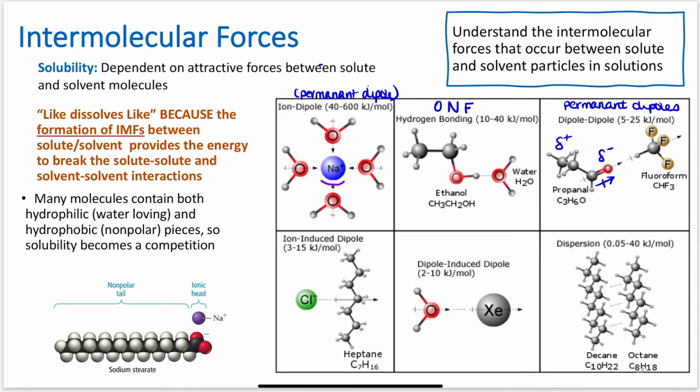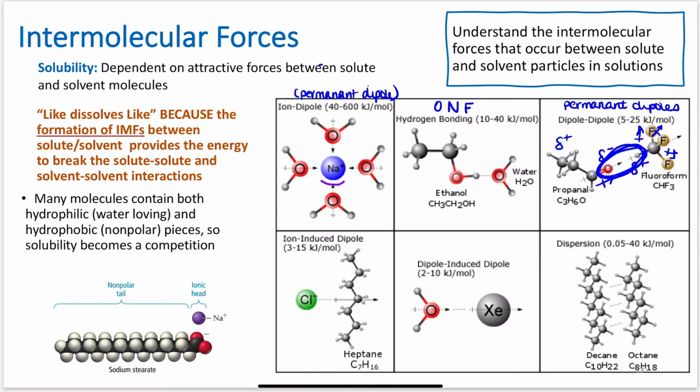Fluoroform gives you the partial negatives towards the fluorines, which means I have a partial positive charge here on this hydrogen, and I'm going to form a dipole-dipole interaction between these two compounds. That is a driving force. That is an attractive force that drives this reaction to form and dissolve, forming a solution.